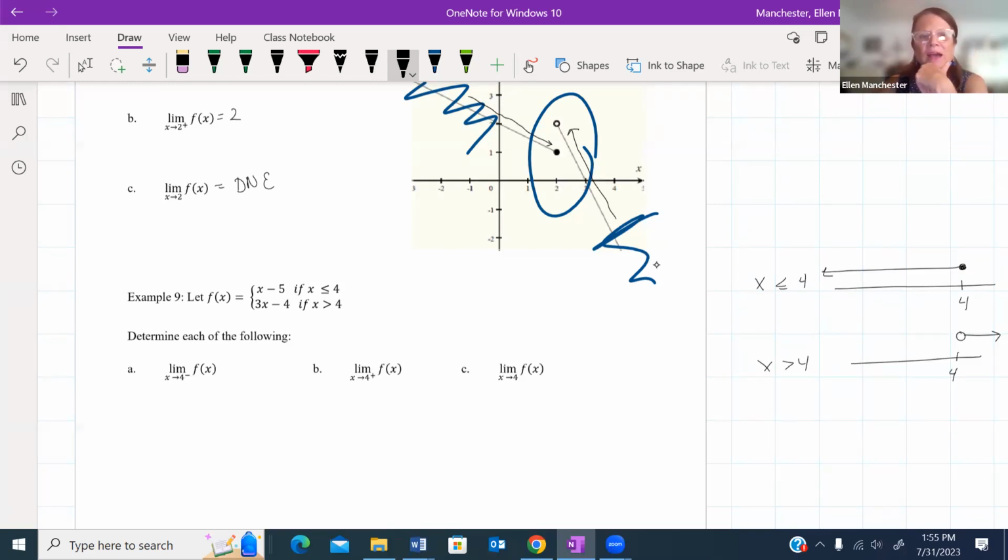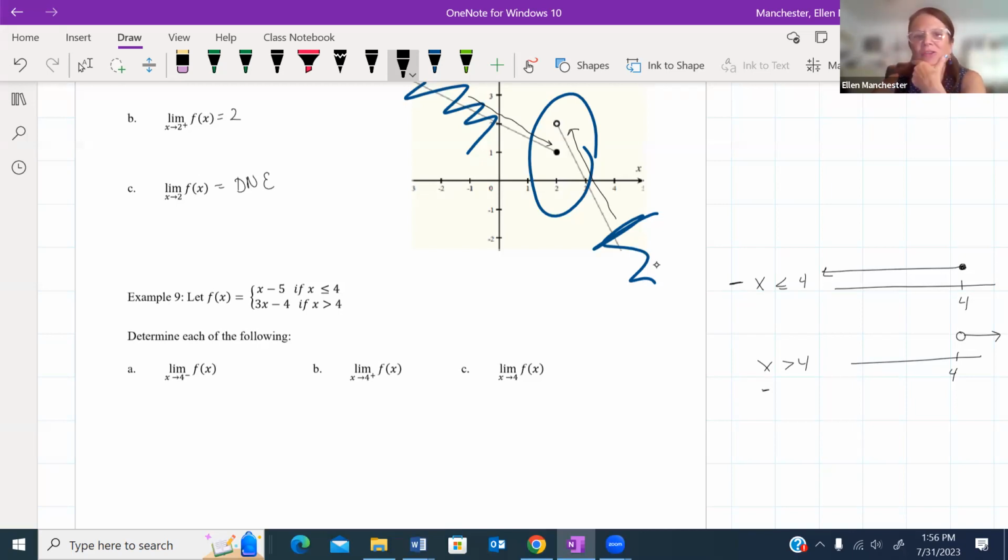So when you look at A, it says x is approaching 4 from the left. Well, with the second one, there's nothing going on from the left. It starts at 4 and goes higher. The first one says it's only values to the left of 4.